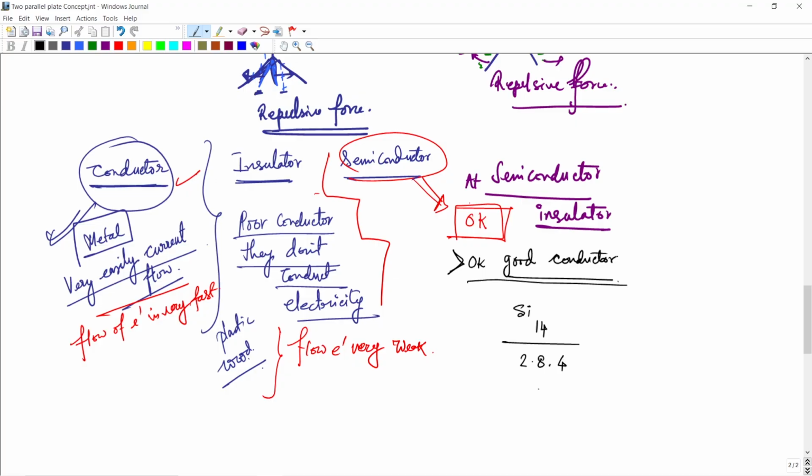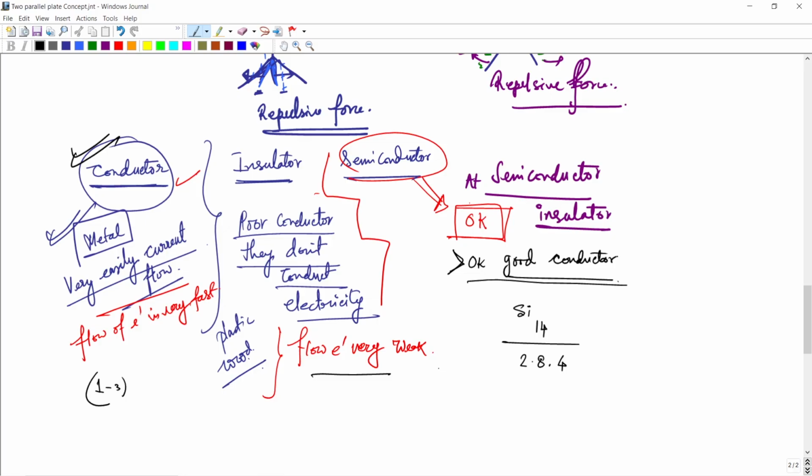Okay, a good conductor is obviously a metal. Metals have last shell electron number 1, 2, 3, and insulator means non-metal. Sometimes non-metals can also conduct electricity, but mostly a non-metal is a very poor conductor of electricity.